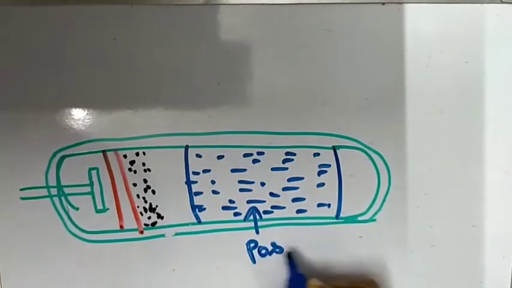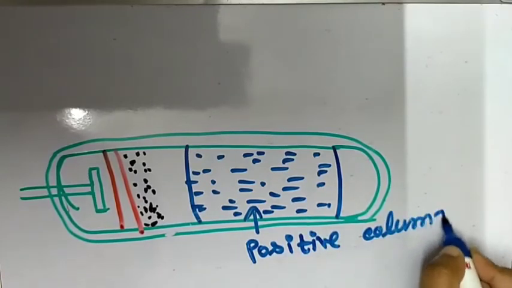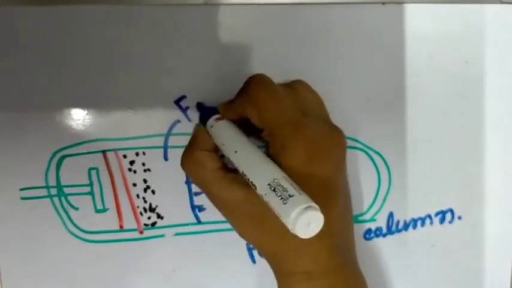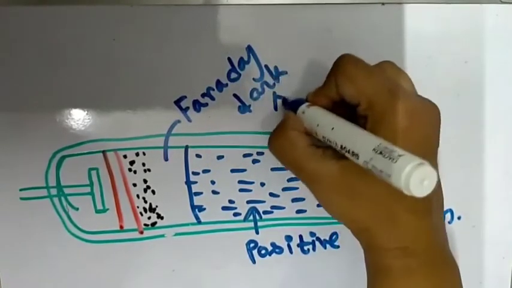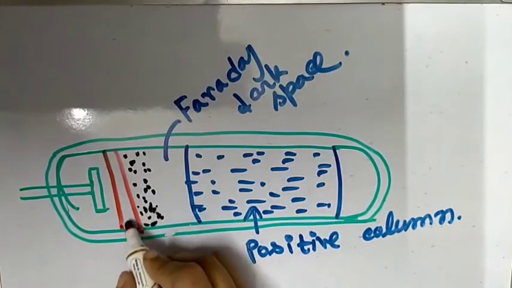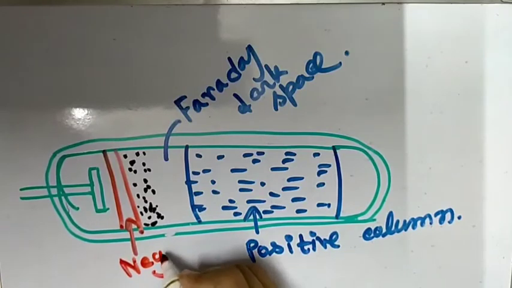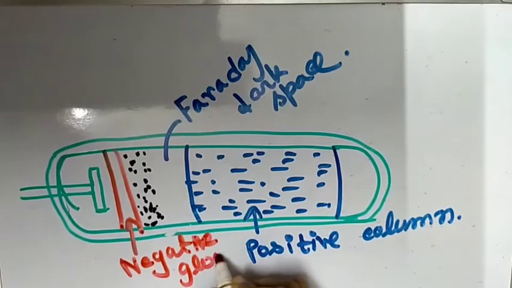This is the positive column. This is the Faraday dark space. This is the negative glow.